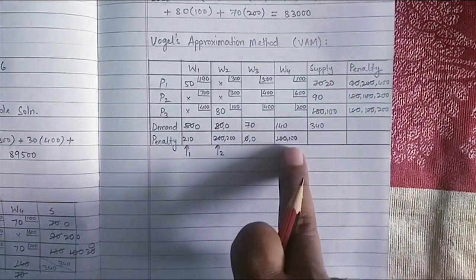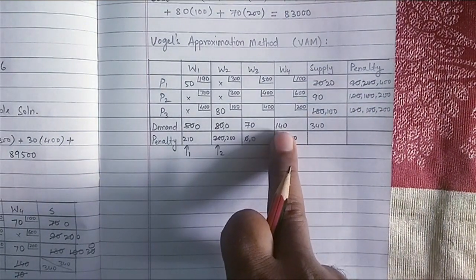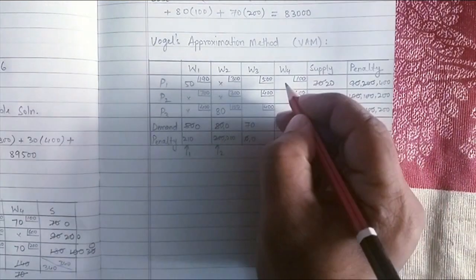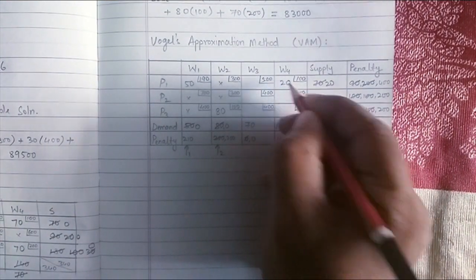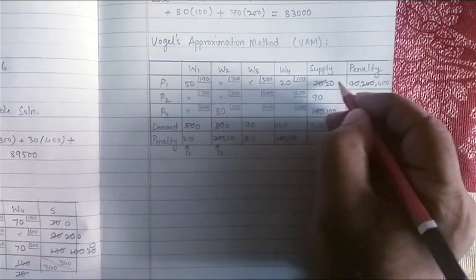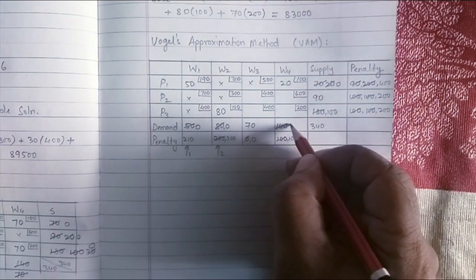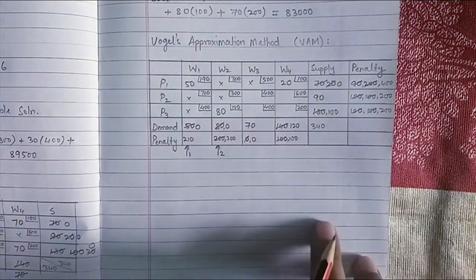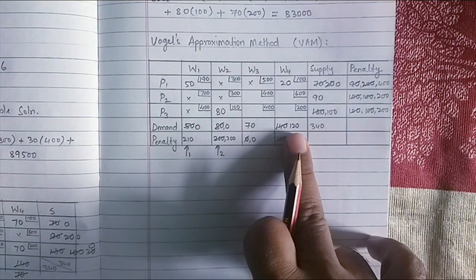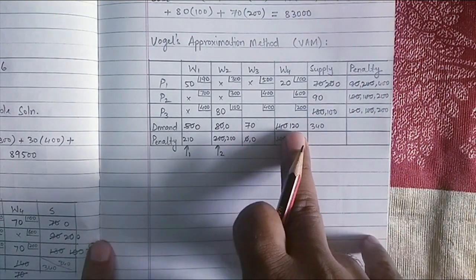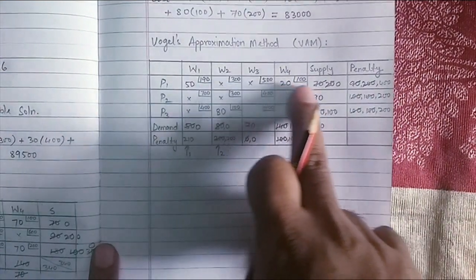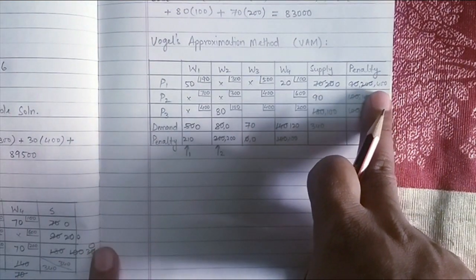20 is my supply and we have 140 as the demand. So 20 has to be assigned here. Cross this. This becomes 0 now. Subtract 20 from here. I get 120 as the demand, which is remaining. Clear? Now this row has been completed.